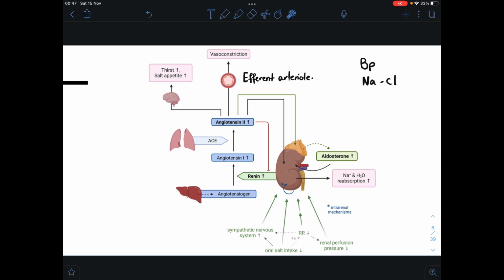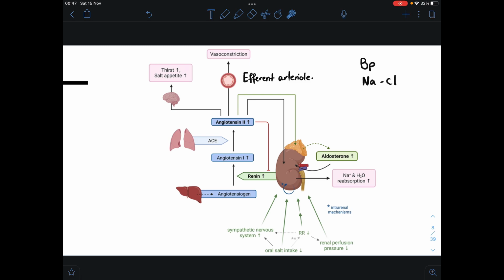Whenever these are decreased, the sympathetic nervous system response increases, and the kidneys start secreting renin. Renin changes angiotensinogen, which is produced by the liver, into angiotensin 1, and then angiotensin 1, with the aid of an angiotensin converting enzyme, turns into angiotensin 2. The main player is angiotensin 2, which causes increased thirst and increased salt appetite.